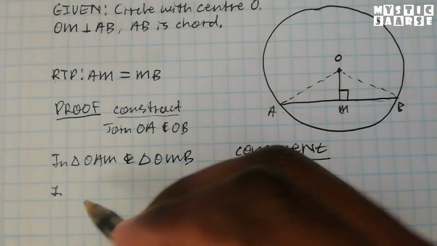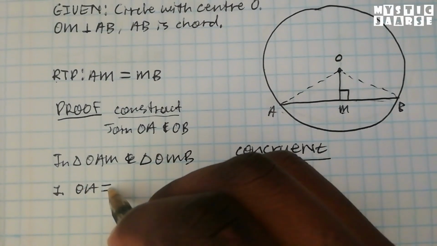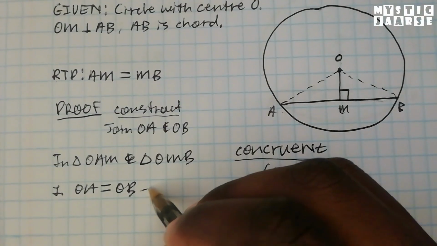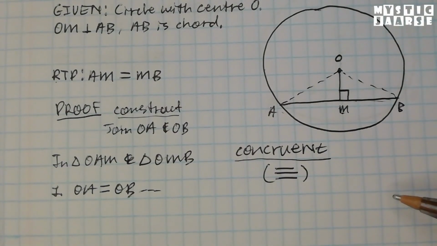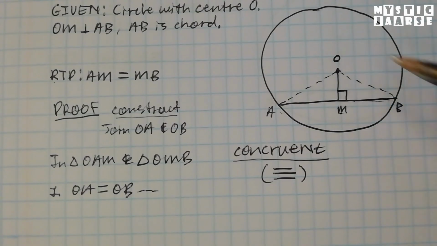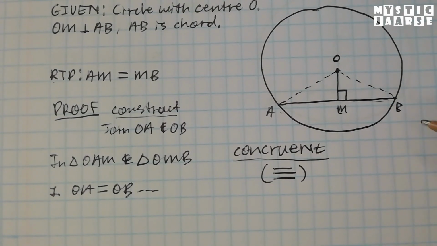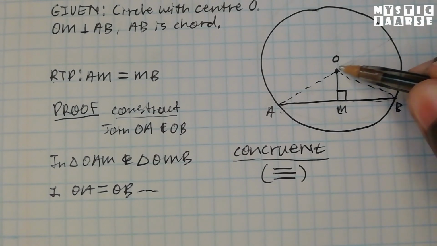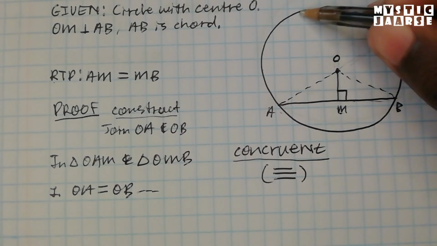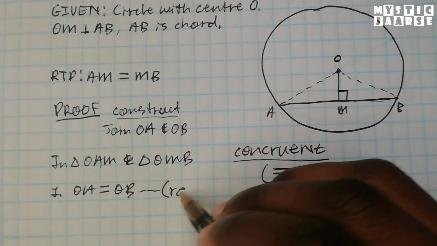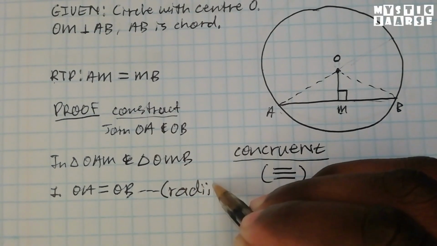Length OA is equal to length OB. Why do we say these lengths are equal? It's because OA is a radius and OB is also a radius. And a radius of a circle is always the same length regardless of where you draw it. So OA is equal to OB because they are radii.